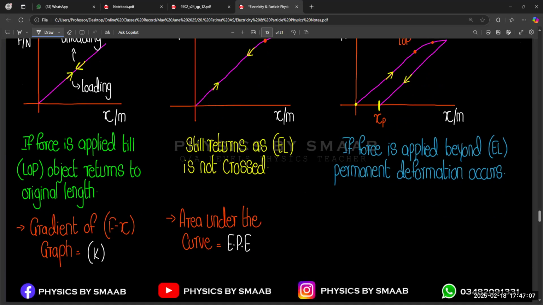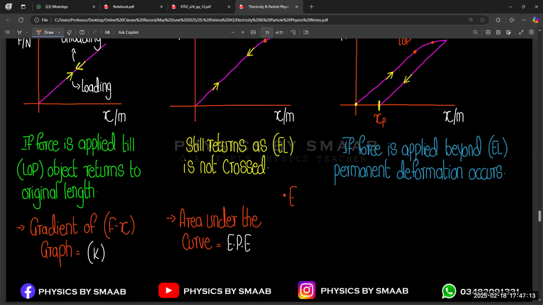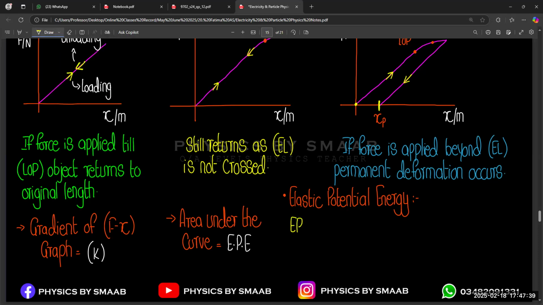So according to the idea of elastic potential energy, we can derive elastic potential energy in this way. It is equal to the work done also.